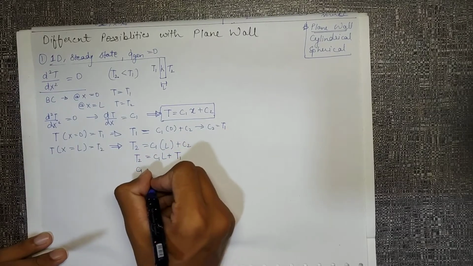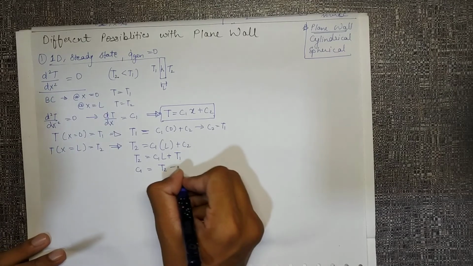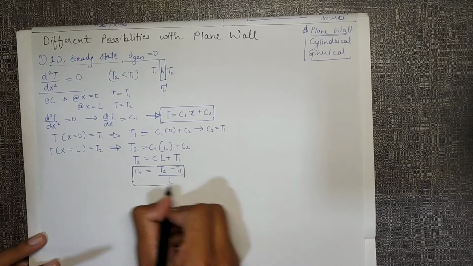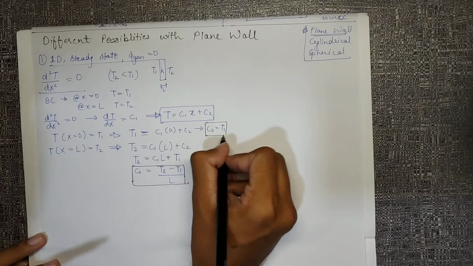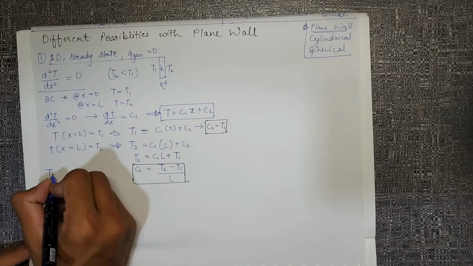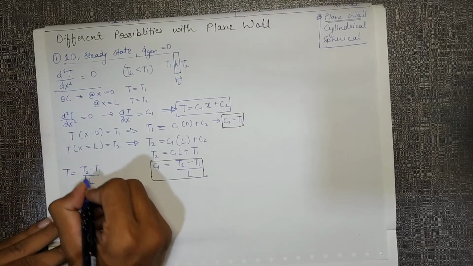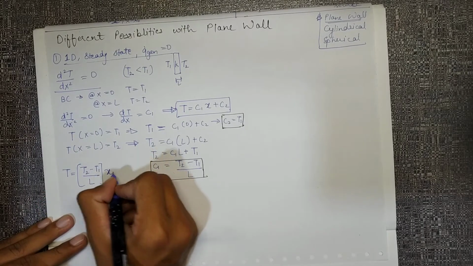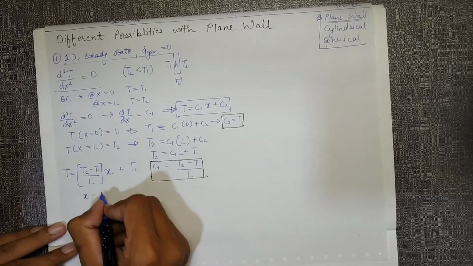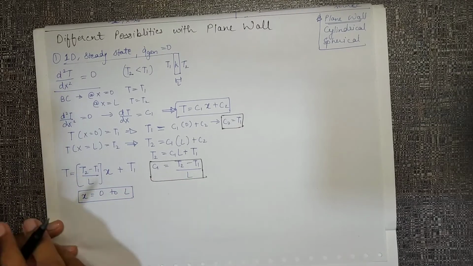Rearranging this equation, my c1 value is T2 minus T1 upon L. So this is my value of c1, this is my value of c2. I can put these values back into the original equation. Hence my temperature is equal to T2 minus T1 upon L into x plus T1. Now I can put the values of x from 0 to L and get the value of T at any given location x.